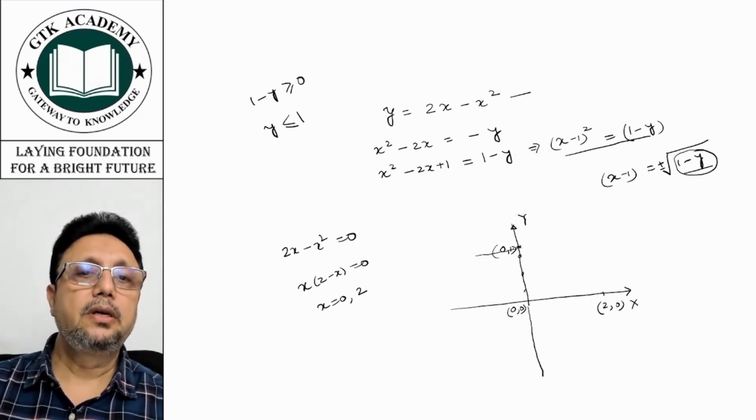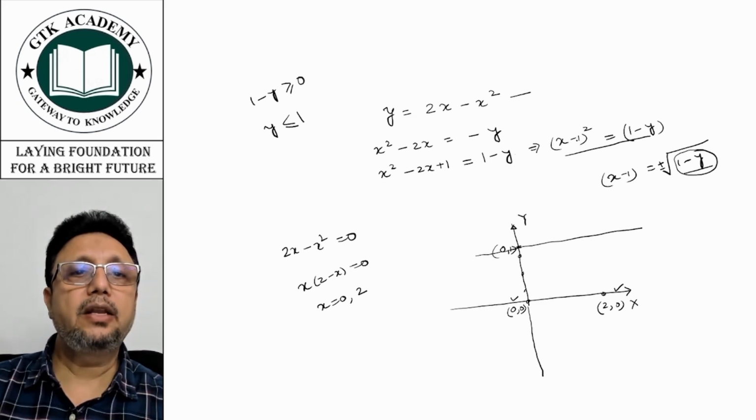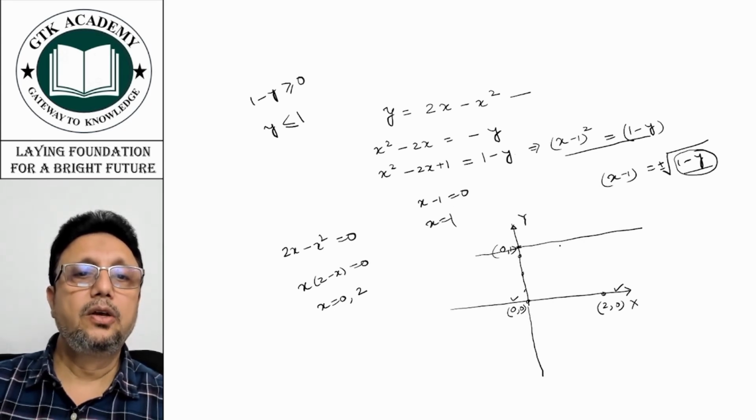So your curve will be below this and it will pass through (0, 0) and (2, 0), and since we have x minus 1 whole square equal to 1 minus y, it will be symmetrical about x minus 1 equal to 0, that is x equal to 1. So this is the line x equal to 1. That means the curve is going to be somewhat like this.